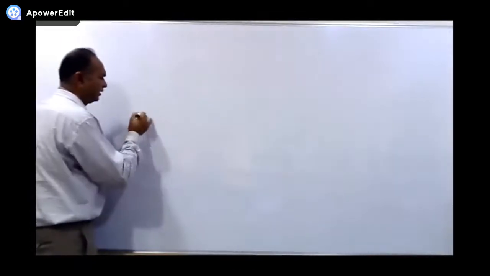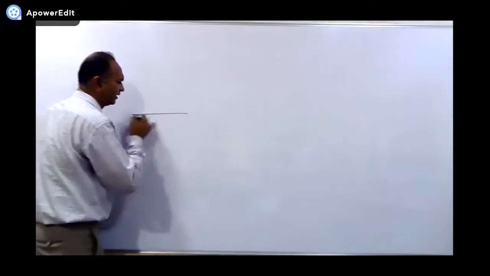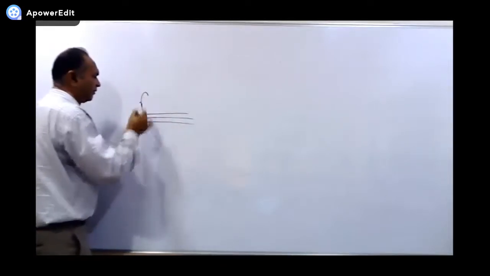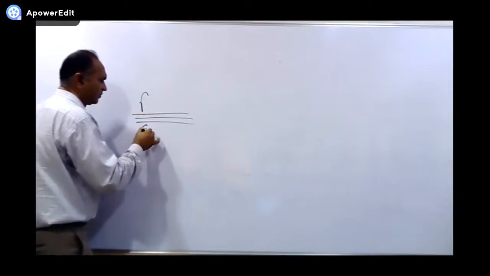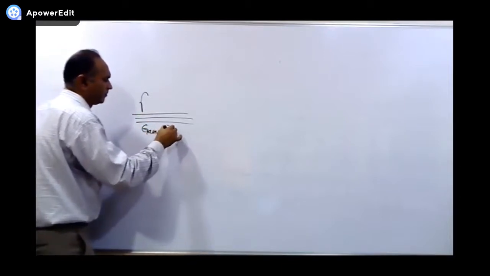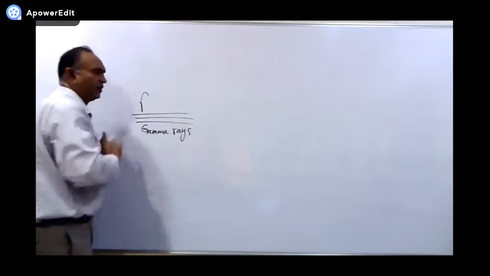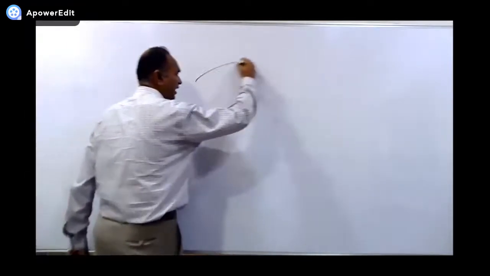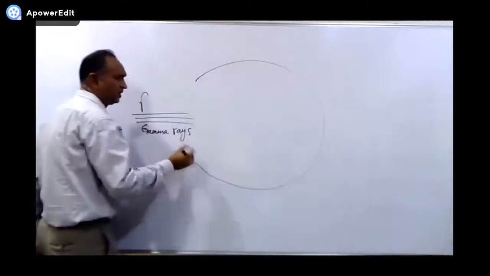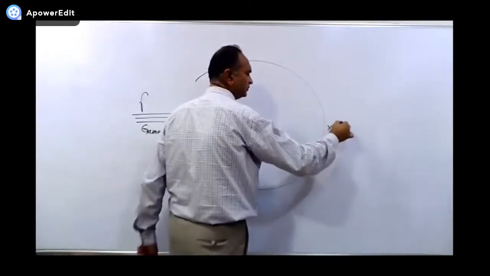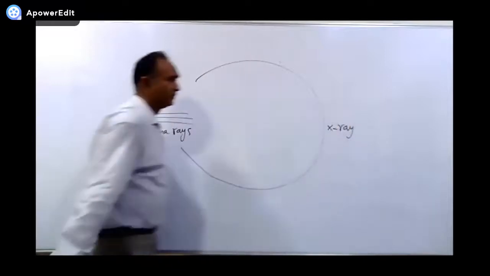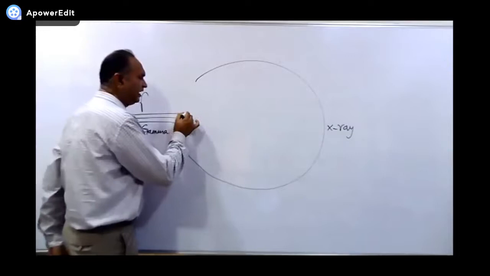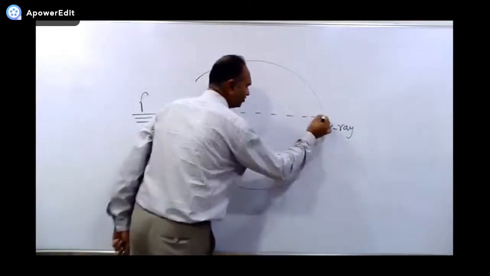So suppose these are the gamma rays which are coming. And here he put a circular X-ray plate. So you can see the gamma rays are striking over here.